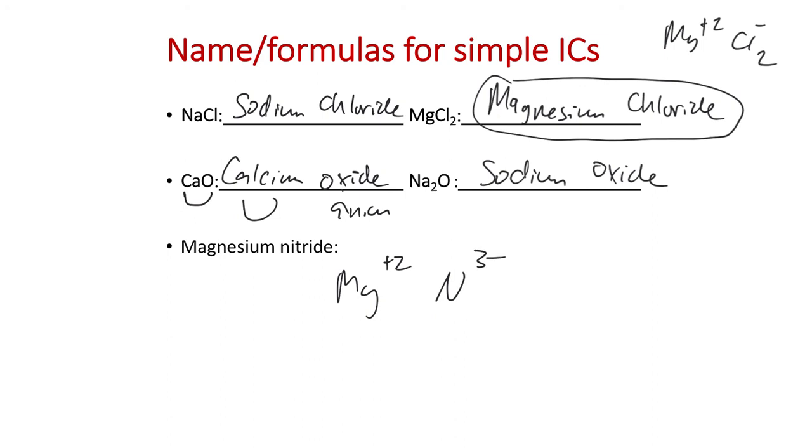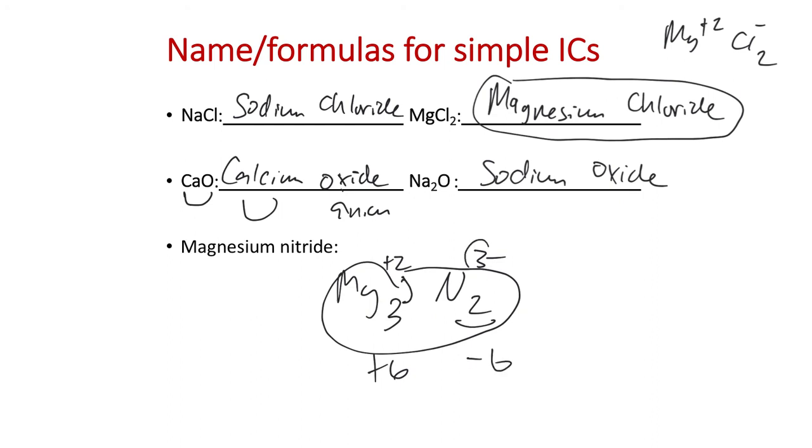So again, we can either just do this system here, and that would work, but we could also just do some math: +6, -6, two of them, -3 overall, so Mg3N2. So magnesium nitride, Mg3N2. You should always be able to double check the charge going to neutral.